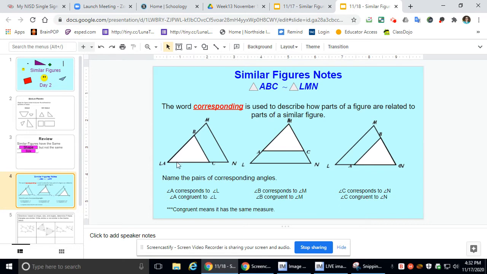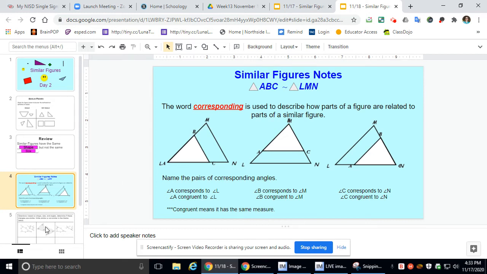They look like they are congruent angles. Same thing happens up here with B and M, congruent angles, and C and N, congruent angles. So that means that they have the same angle measure. So that means all 3 angles in a triangle should have congruent measures.